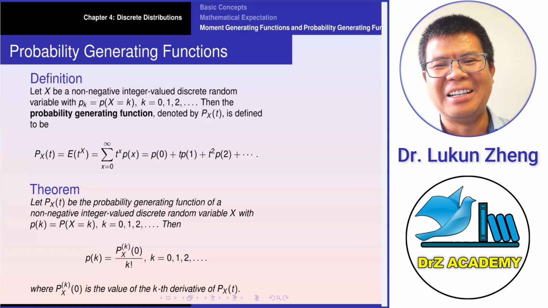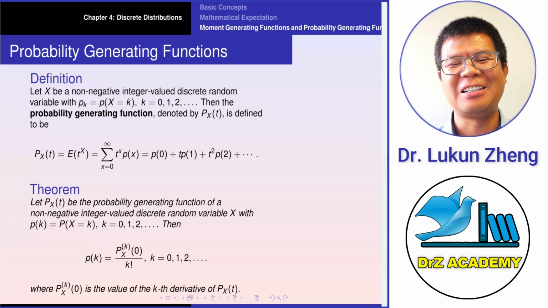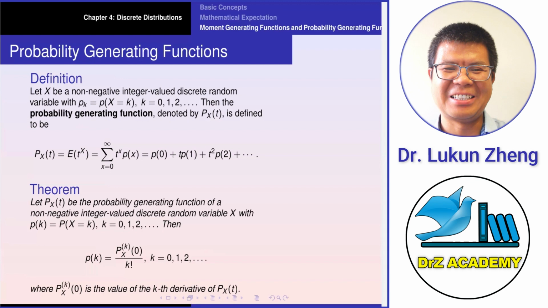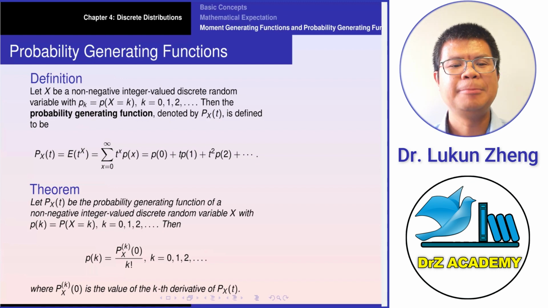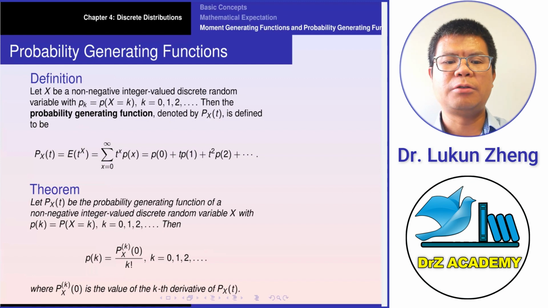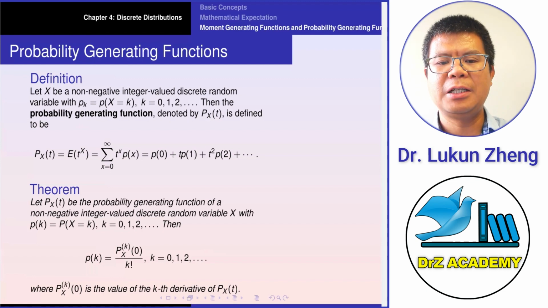Now the next topic is going to be the probability generating functions. Again, the probability generating function is to generate the probabilities, while the moment generating function is to generate the moments. So now let's consider this one. Let x be a non-negative integer valued discrete random variable with p_k equal to the probability x equals k, k is 0, 1, 2, and so on.